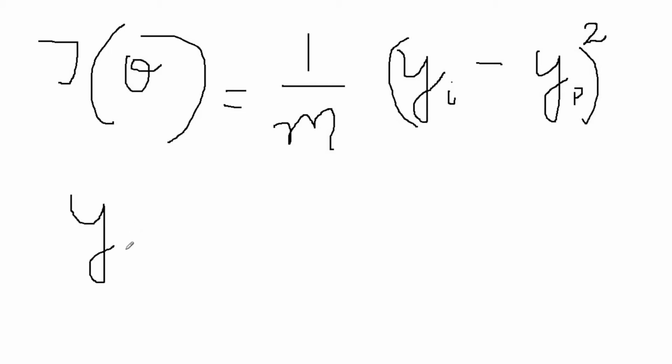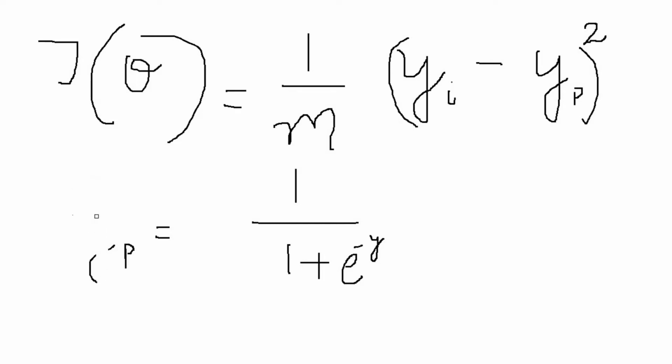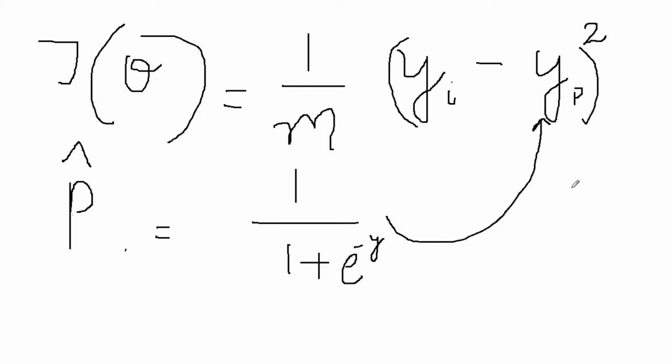So here our y predicted is 1 by 1 plus e to the power minus y. Yes, this is the log odds. Just to avoid the confusion, I'll make it as y predicted. This is y cap, which is the predicted probability, and this is the equation. So this has to be substituted here.